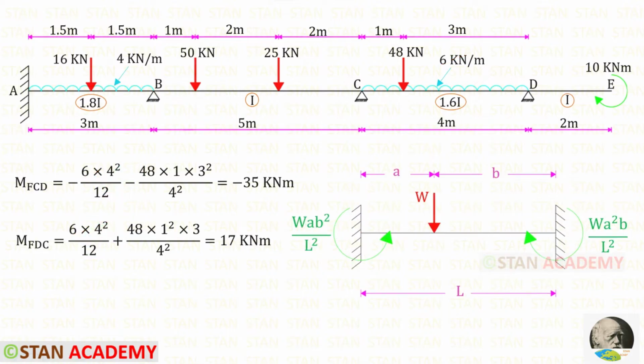Now let us take the eccentric point load. We know the formulas to find the fixed end moments. Here W is 48, A is 1, B is 3, and L is 4. After adding these two, we will get M of CD, and after adding these two, we will get M of DC.